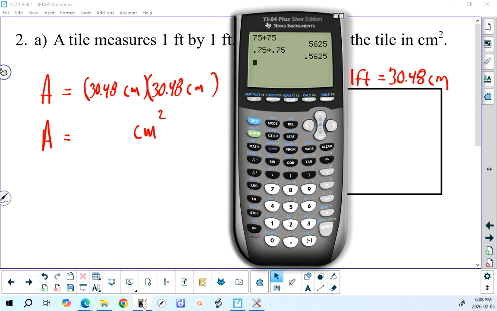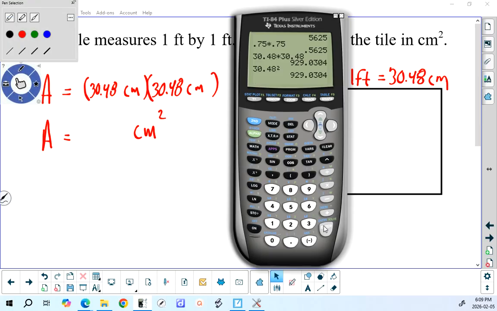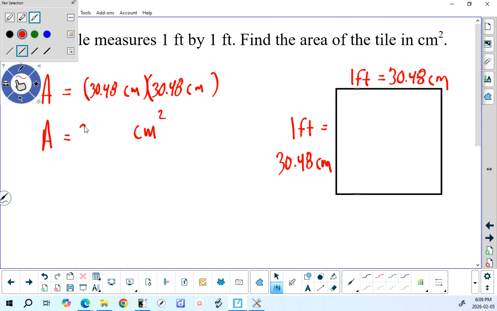The numerical part of the answer is going to be what? 30.48 times 30.48 gives us. By the way, you could just take 30.48 and square it. You get 929.03. Well, 929.0304, but I'm just going to write 929.03 because that's all I have room for.